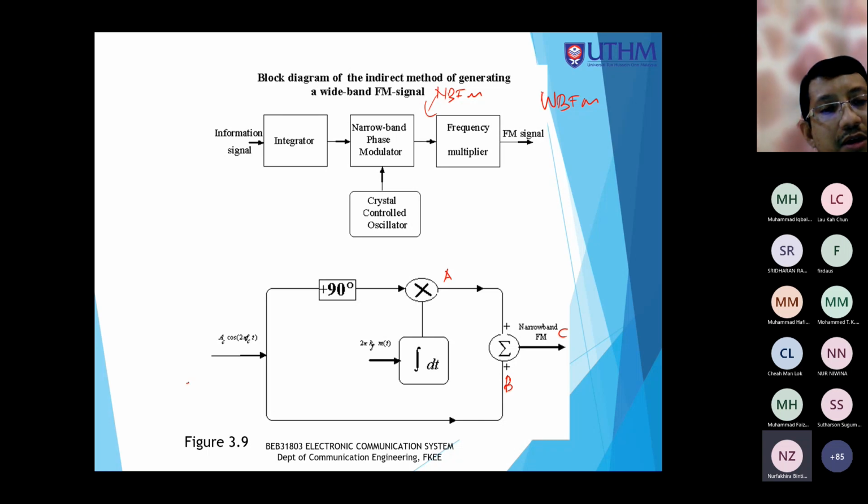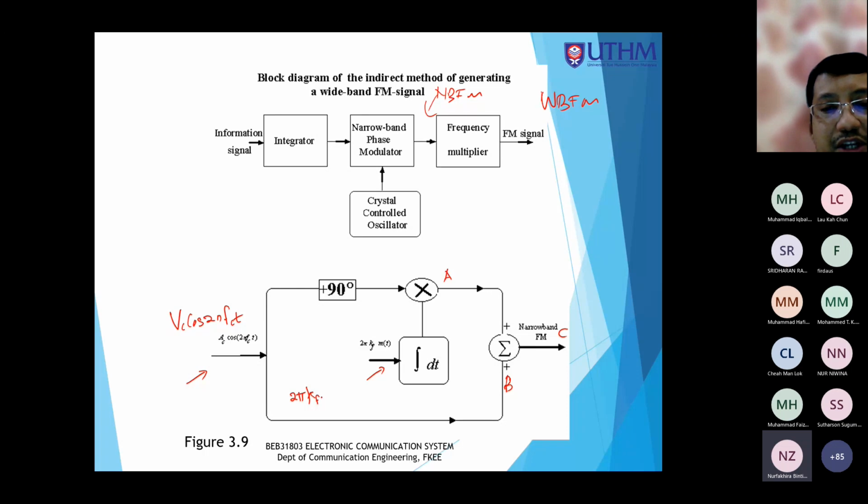The input over here is the carrier, which is Ac cos 2 pi fct, so this is actually Vc cos 2 pi fct. The input to the integrator is the message signal, or the modulating signal, which is 2 pi kf m(t). So this is actually 2 pi kf.